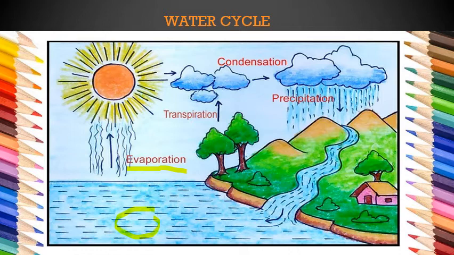Then what happens? It becomes clouds. When this evaporated water vapor becomes cloud, it is called condensation. Now when these clouds become very heavy, they start falling down as rain. That is precipitation.